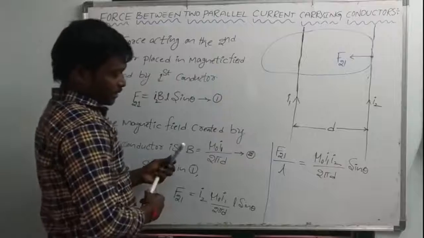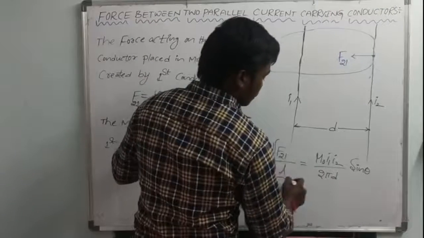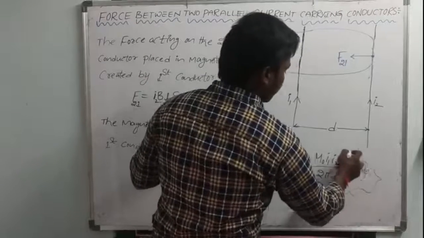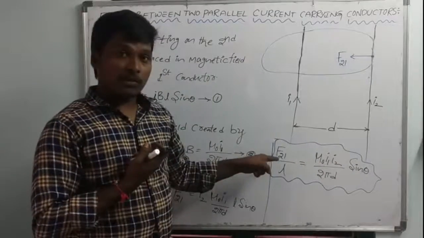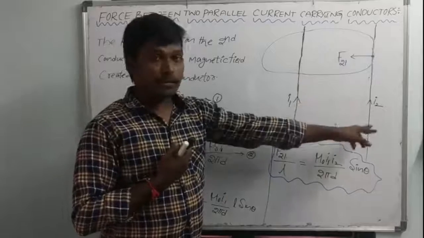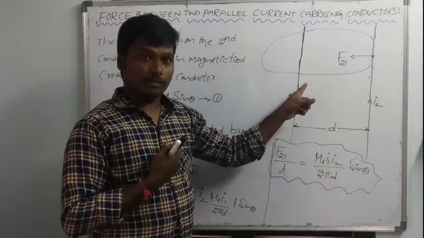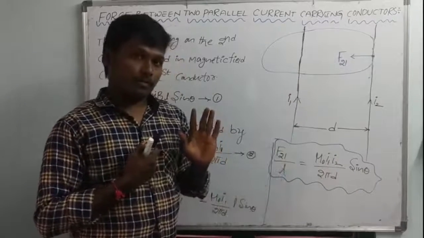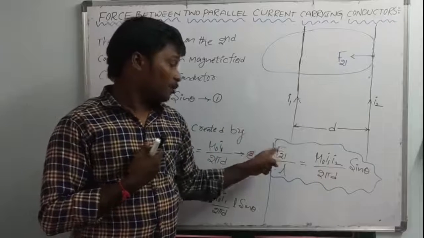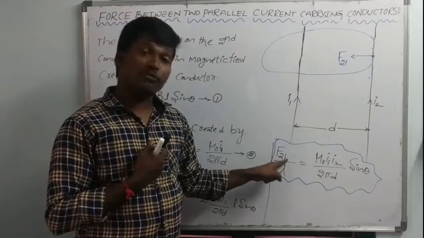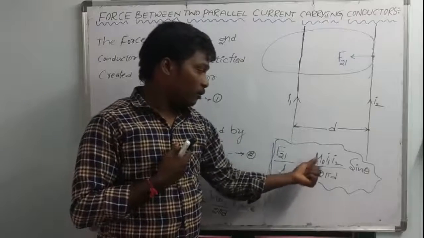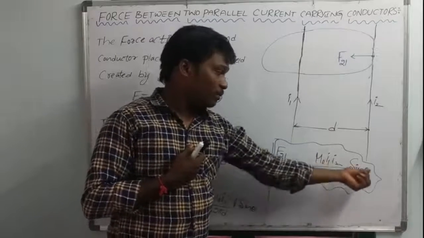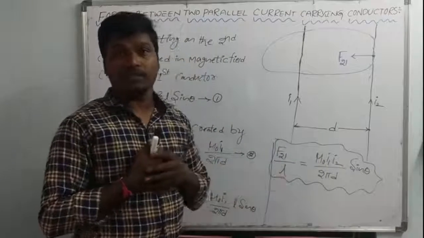So this is the expression of the force per unit length. This is the expression of force acting on the second conductor due to the first one per unit length of the conductor, equal to mu naught I1 I2 by 2 pi d into sin theta. You can remember this.